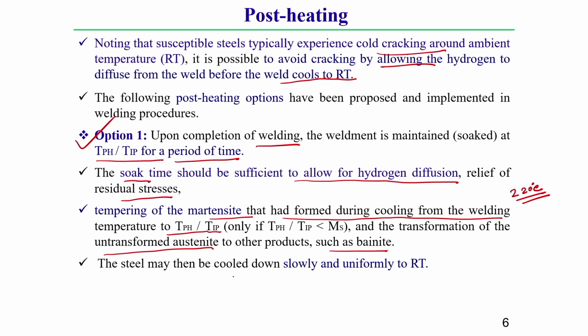Apart from this, any untransformed austenite during this post heating time is converted to other phases like bainite. Then we cool this steel slowly and uniformly to room temperature, this you should keep in mind. This is generally option 1.